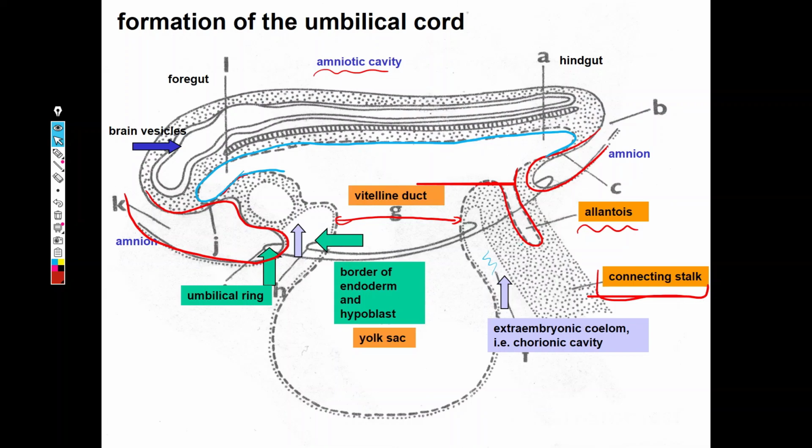But it's really the chorionic cavity. This is the place where the chorionic cavity is preserved for the longest time, because you now know that the chorionic cavity will disappear and the amniotic cavity will get bigger and bigger, but this is the place where it stays for the longest time.